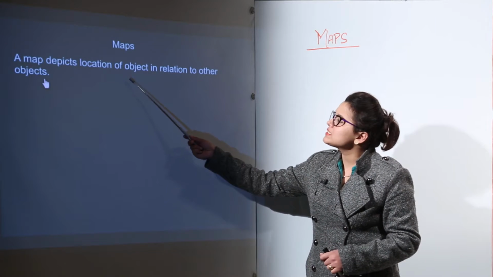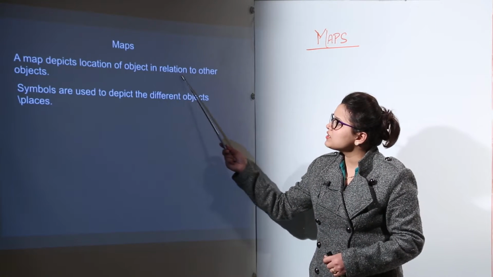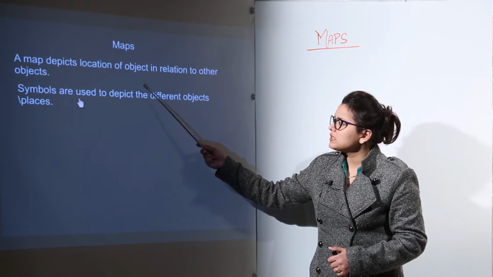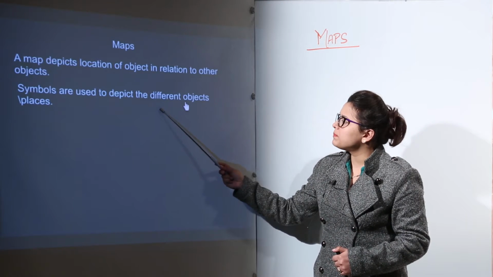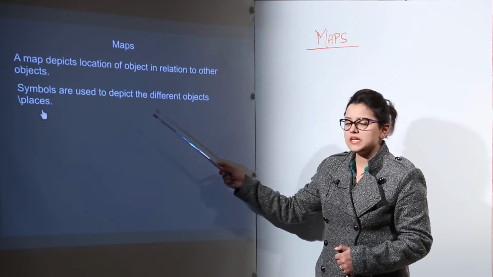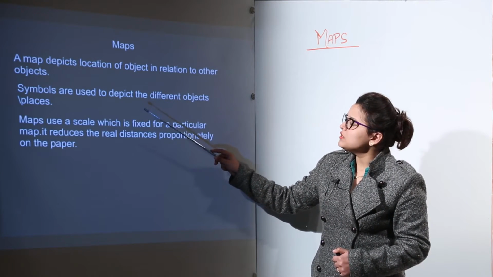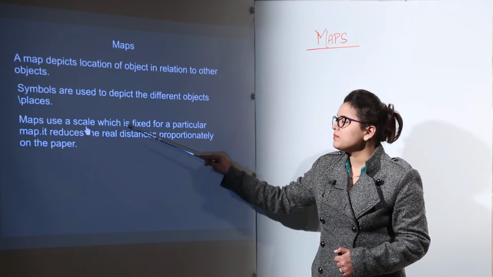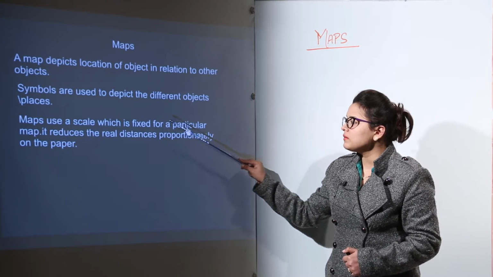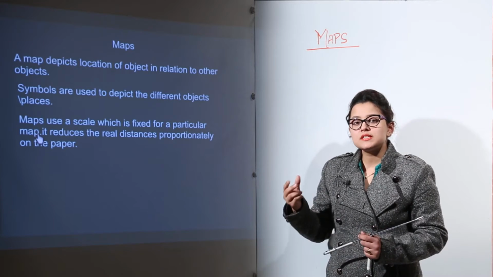A map depicts the location of an object in relation to the other objects. Symbols are used to depict the different objects or places. We have maps using scales which remain fixed for a particular map. Why are we using scales?